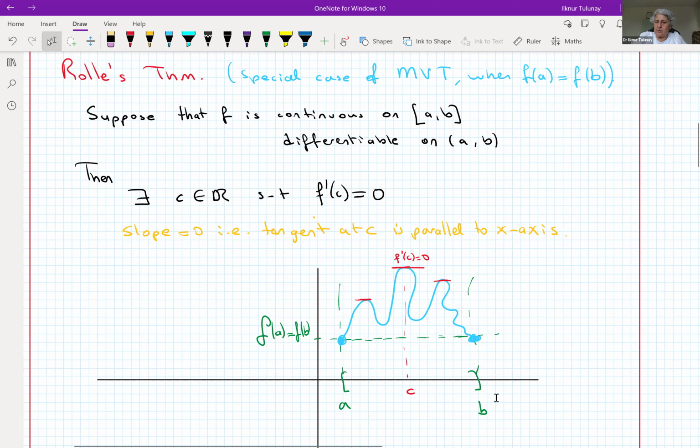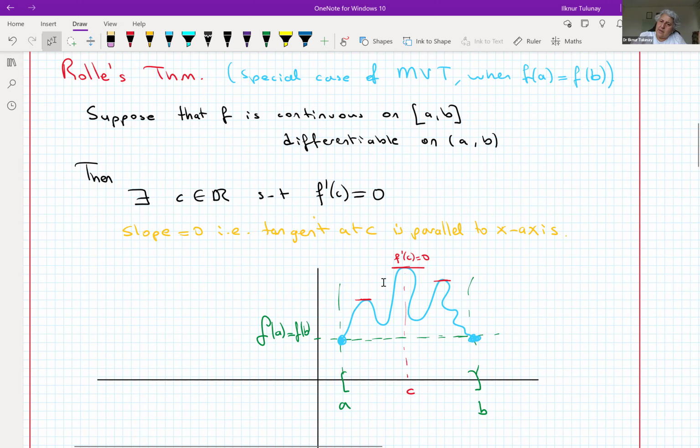We have the interval a and b, and we are looking at this interval. In this interval, whatever the function is doing, the theorem says that there exists at least one point here where the slope is 0, which means that the tangent at this point is parallel to the x-axis.